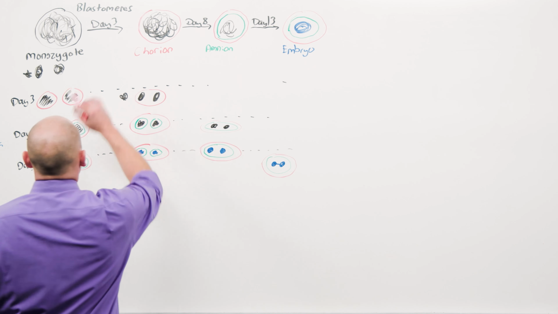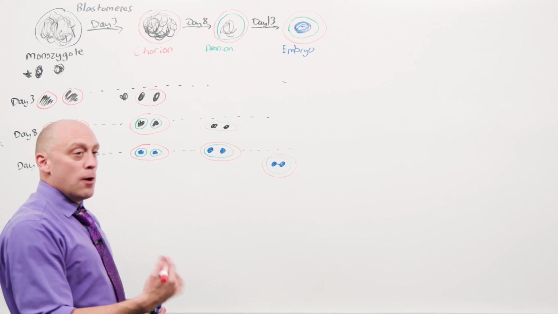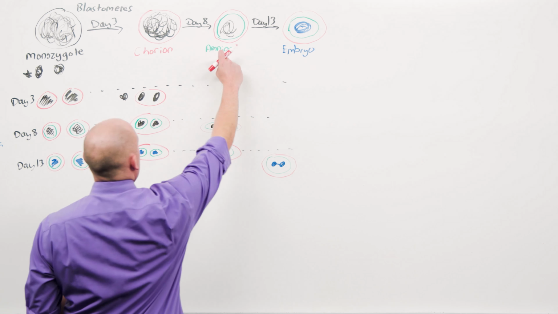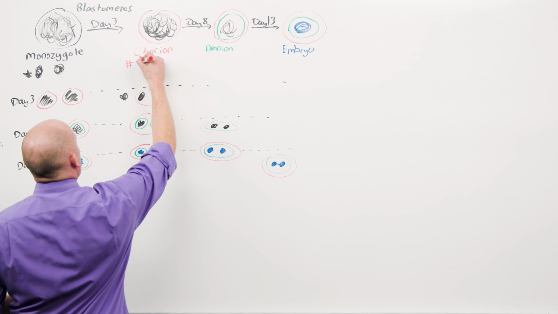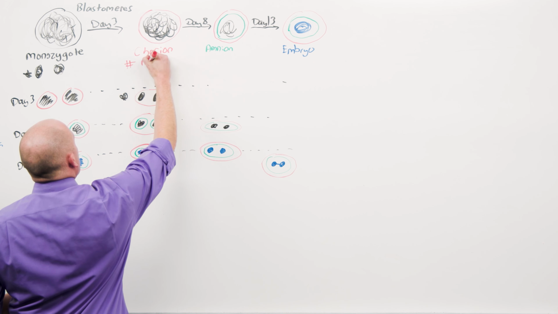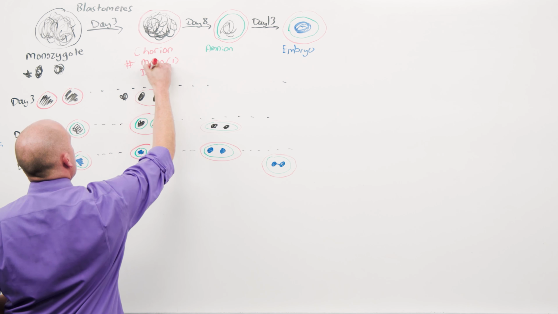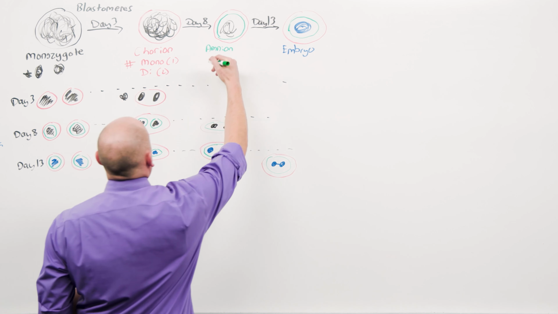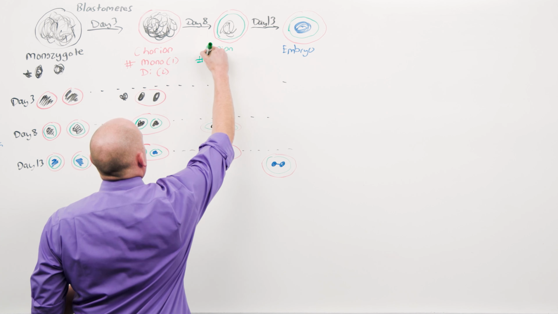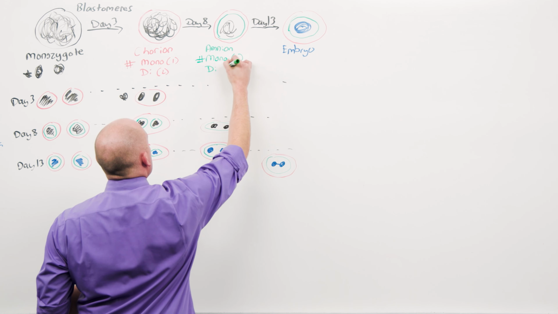These monozygotic twinning events, the outcomes, are named by how many chorions and how many amnions there are. The number of chorions can either be mono for 1 chorion or di for 2. The same is true for the number of amnions. Mono for 1, di for 2.